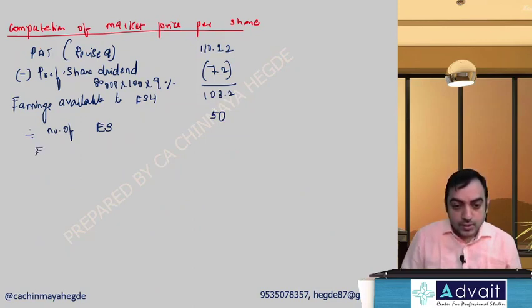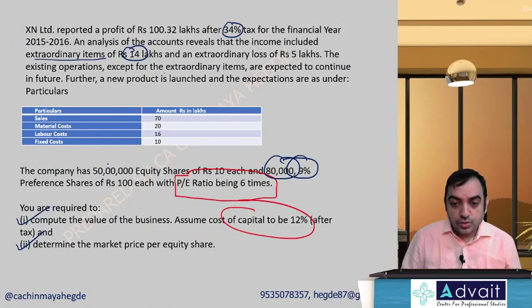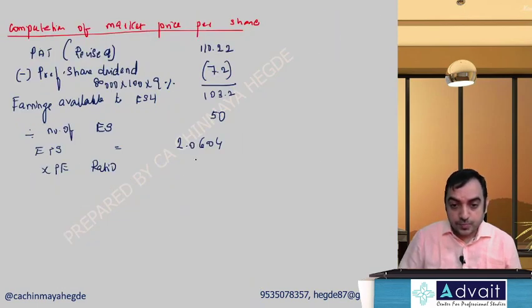So expected EPS is 2.0604, multiplied by P/E ratio of 6 times, the expected market price.